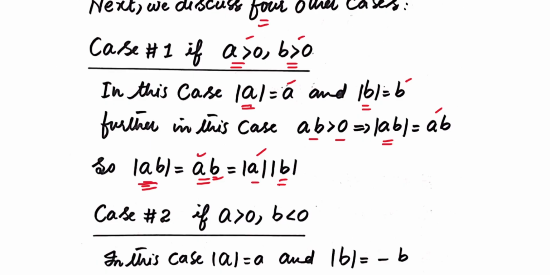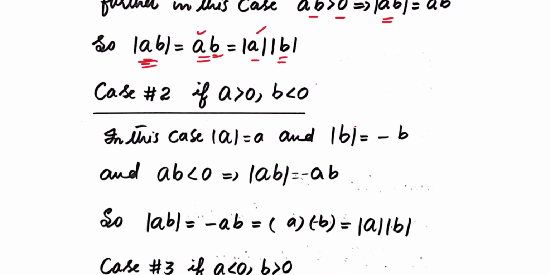Case number 2. If A is positive and B is negative. In this case, A is positive, so its absolute value is equal to A, and absolute value of B is equal to minus B. As A and B have opposite signs, their product will be negative here. As the product is negative, the absolute value of AB will be equal to minus AB.